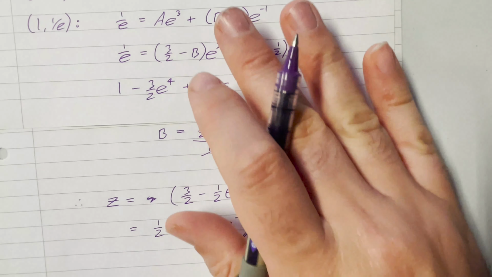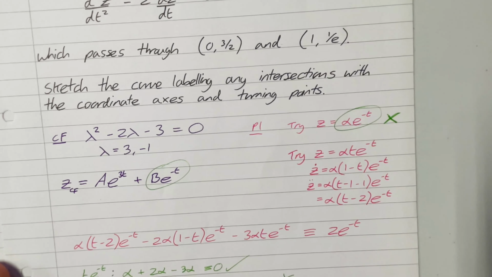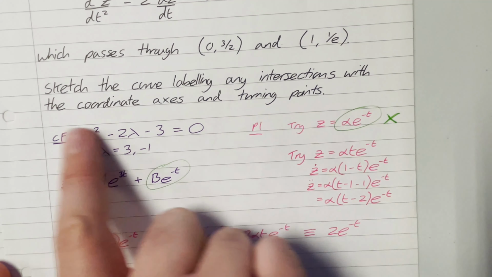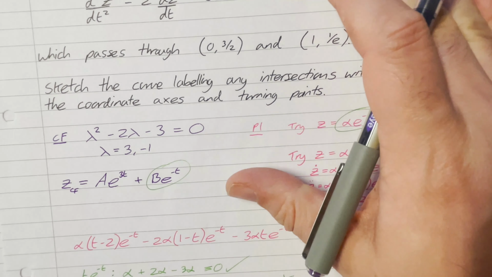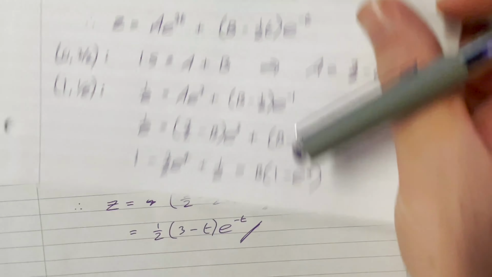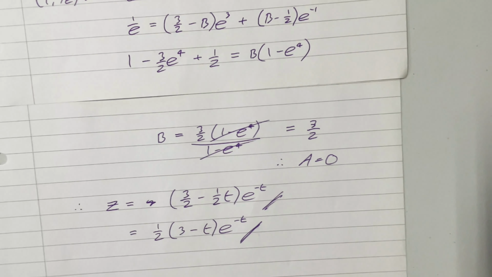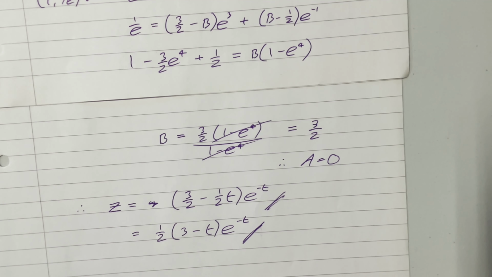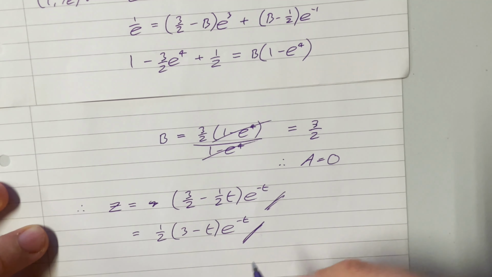This question did also ask me to sketch the curve, labelling any intersections with the coordinate axes and any turning points. So what I'm going to do is differentiate this, because I need to find any turning points. So let's do this in a different colour.